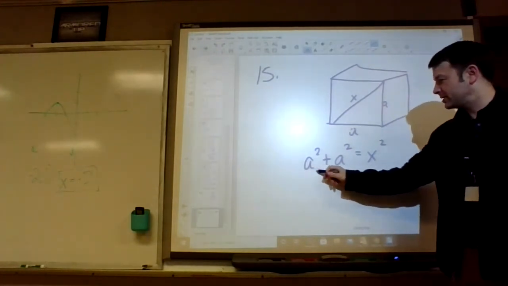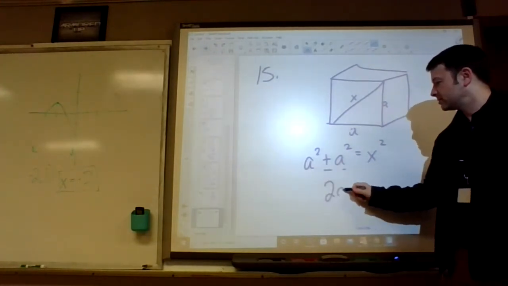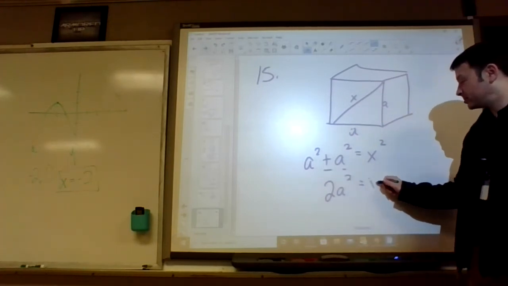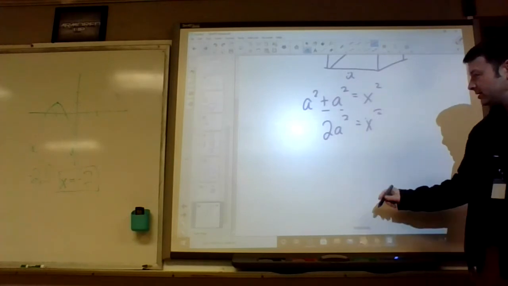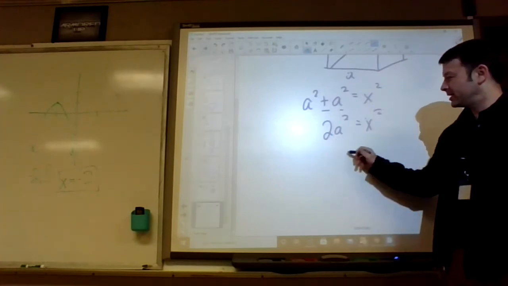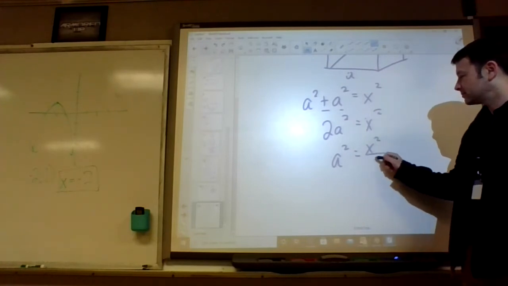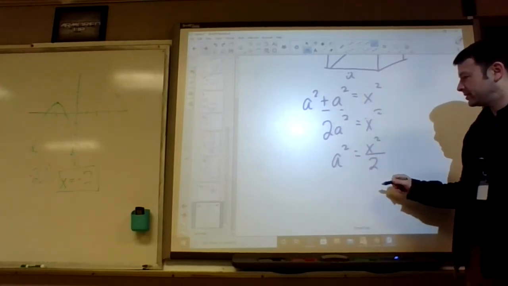Then what did I do? Two. This one is a mess. Okay, I'm going to speed up just slightly. Divide by 2, right? Then what do I do?